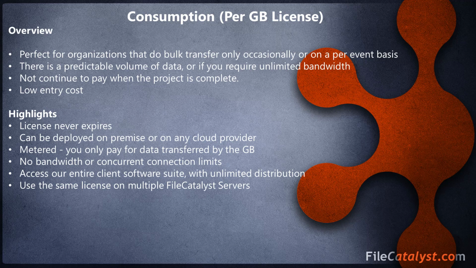Once you get to the terabyte, I think you're down to like 2 or 3 cents a gig. This is connected to your credit card, and you pay as the transfer goes. This is perfect for a temporary project or when you know how much data you're going to be transferring, and there's no cost of entry.